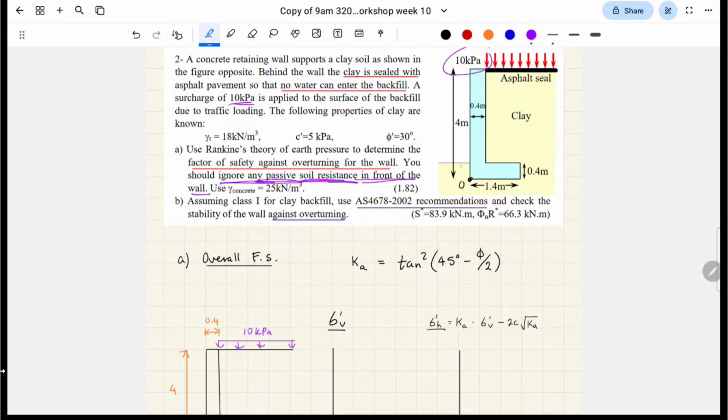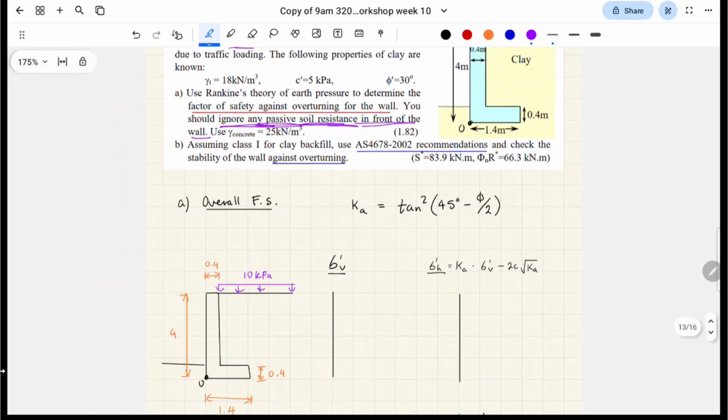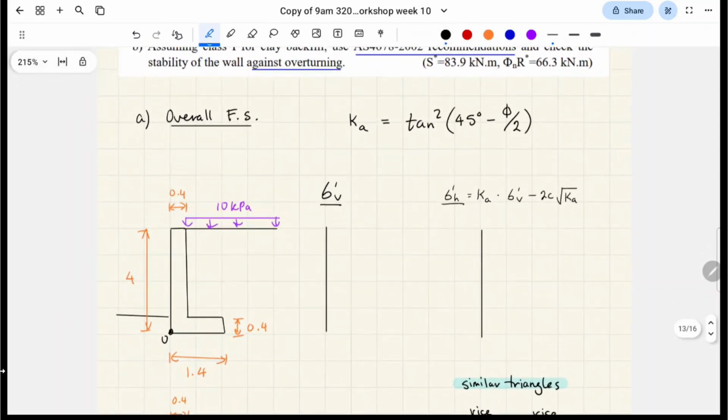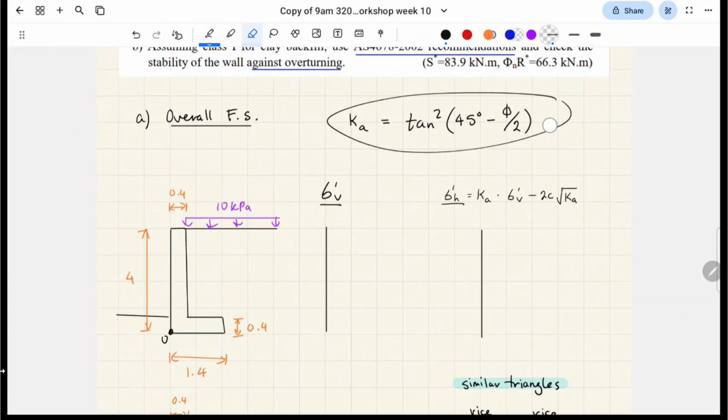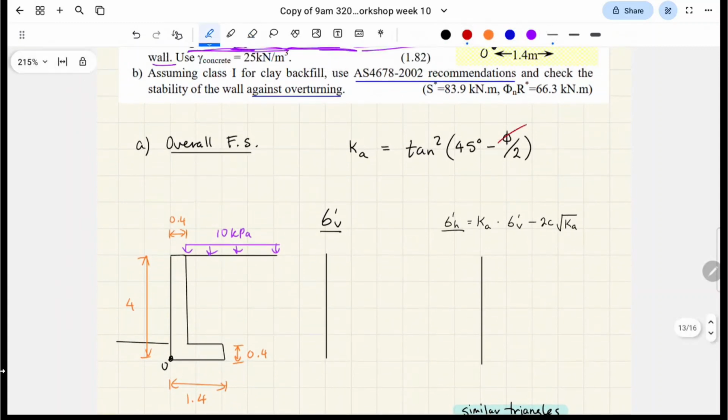You know what I mean? So we ignore all of this passive earth pressure. That's what I was talking about earlier. So we only have to calculate the active earth pressure constant, okay? Phi we just plug in, this is 30 degrees, and we get 1/3, okay?